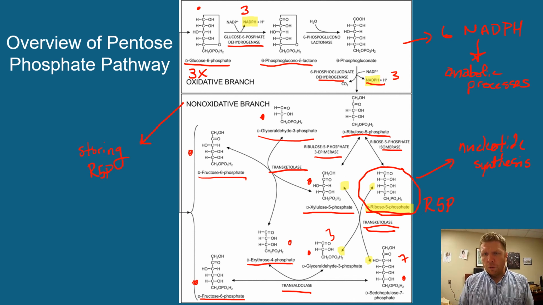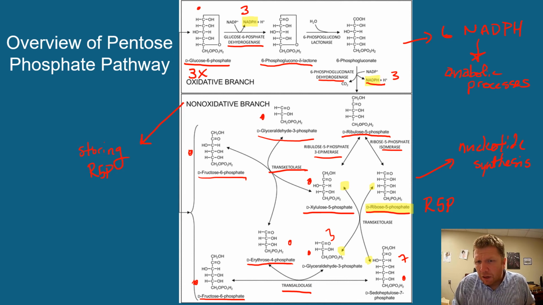Not to say it's the only one that's utilized, but that ribose 5-phosphate, as you deplete the available amounts of ribose 5-phosphate, well, are you really running into a problem? You're not. Why? Because you have this, and I'm going to erase some of this stuff so I can make it a little bit more clear.